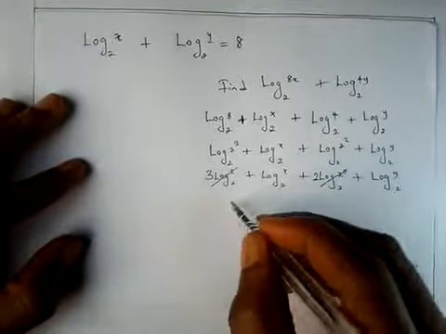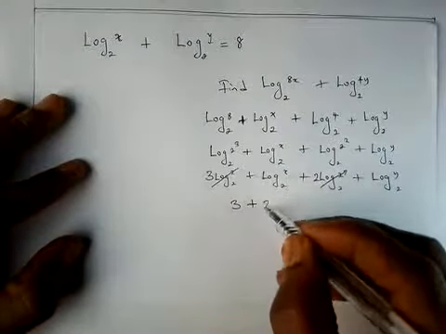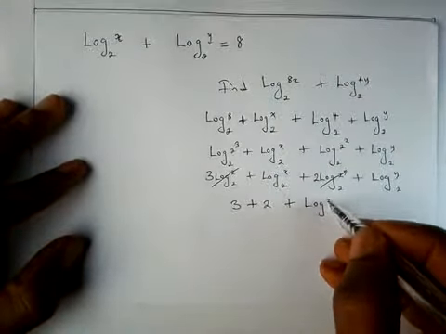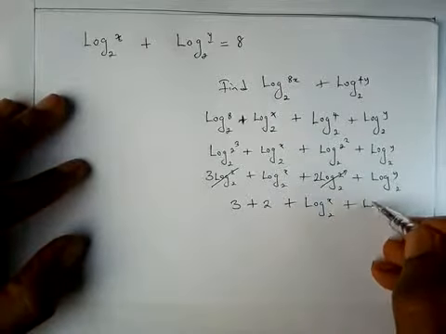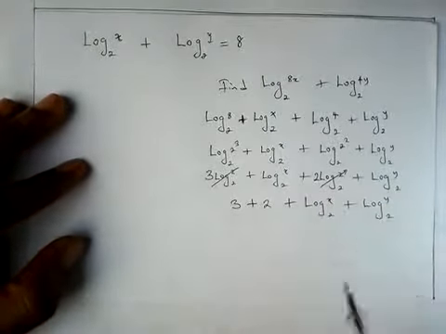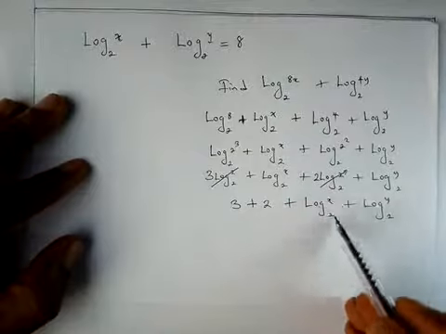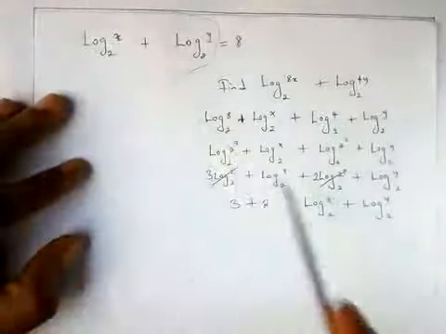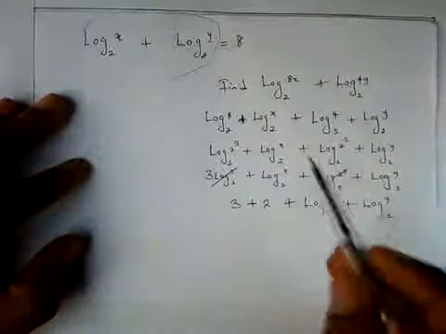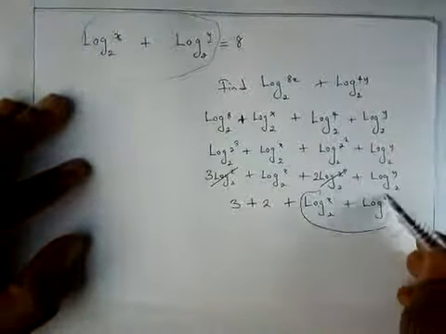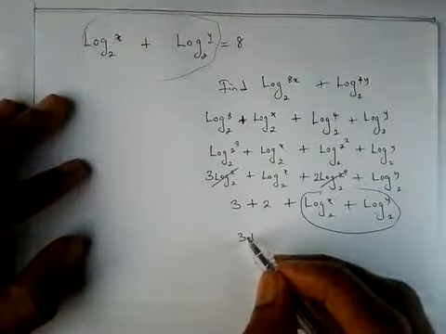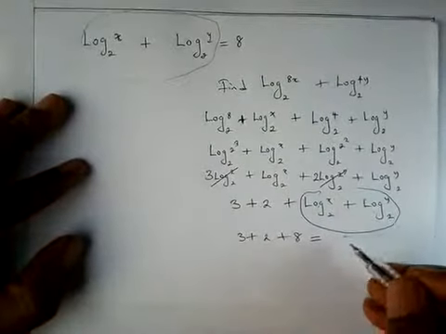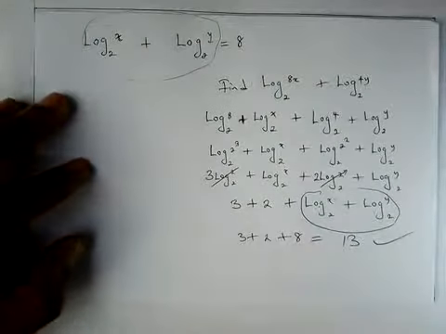Log 2 is 1, log 2 is 1, that's 3 plus 2 plus log s to base 2 plus log y to base 2. Okay, now you see log s to base 2 and log y to base 2, which is the same thing here. I have said that from what was given to us, when you add them, it's going to give you 8. So it means this addition is 8. So that is 3 plus 2 plus 8, and that is 13. Okay.